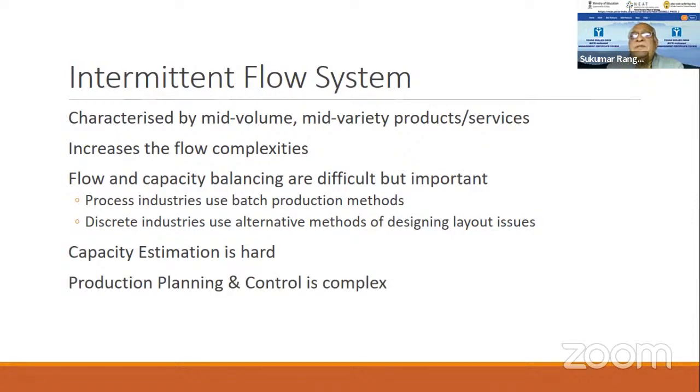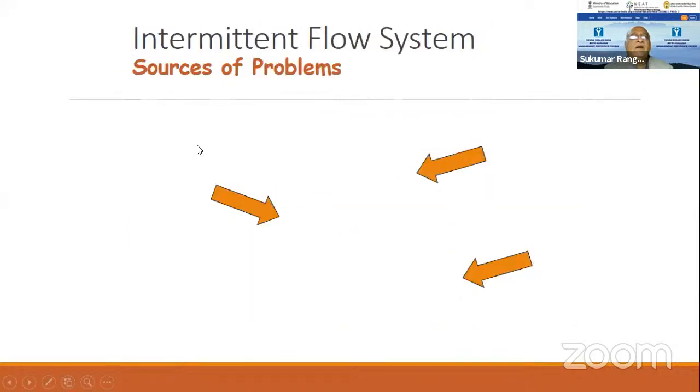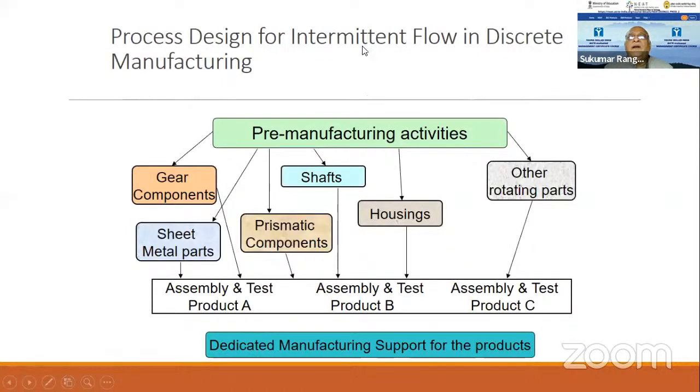Production planning and control is complex. As I told you before, it's the job of PPC to line balance the whole operations for that particular day. So, process design for intermittent flow in discrete manufacturing: there are different operations happening, different parts, and different types of assemblies happening all the time, depending upon the customer orders or customer requirements.